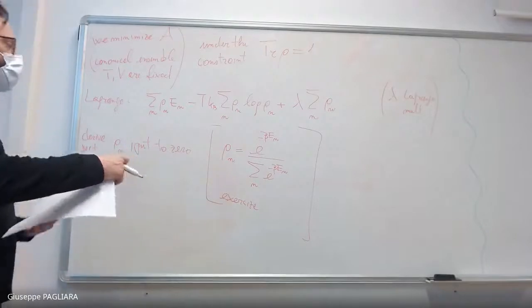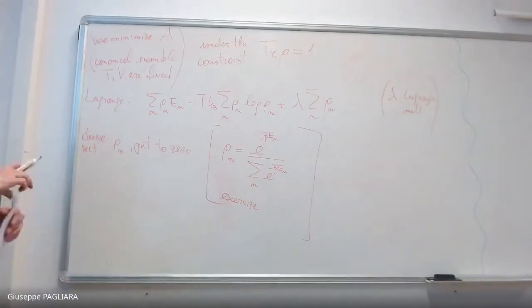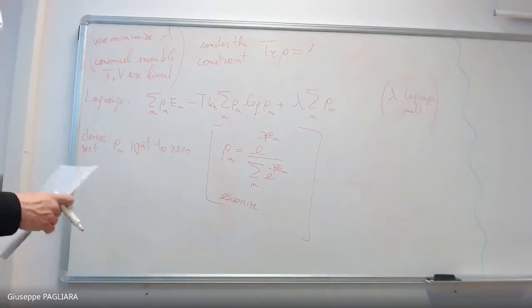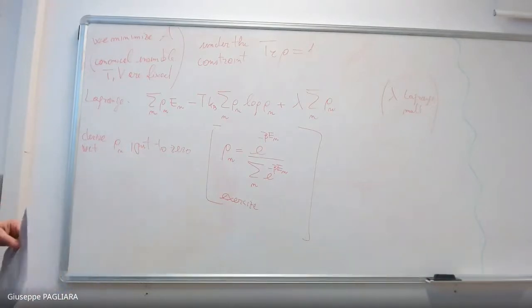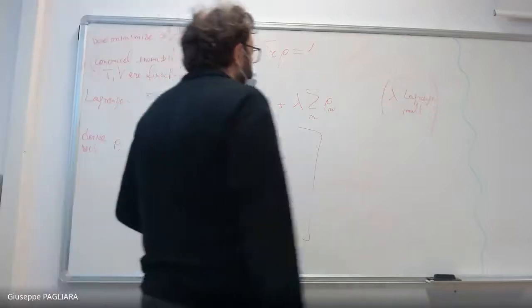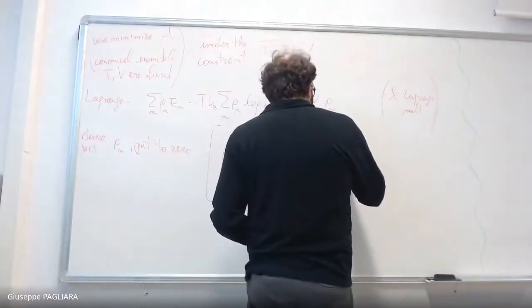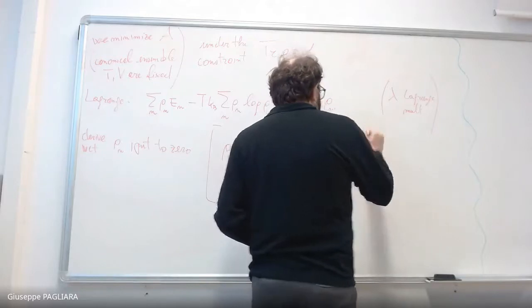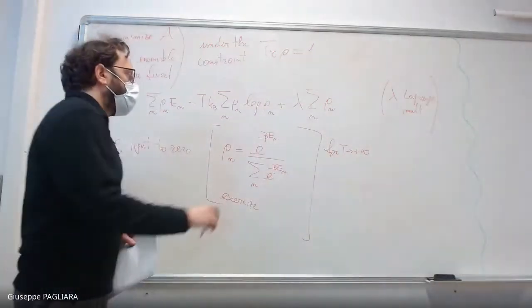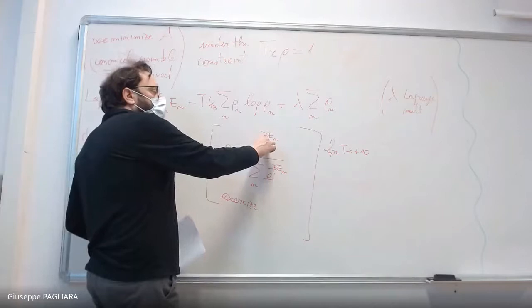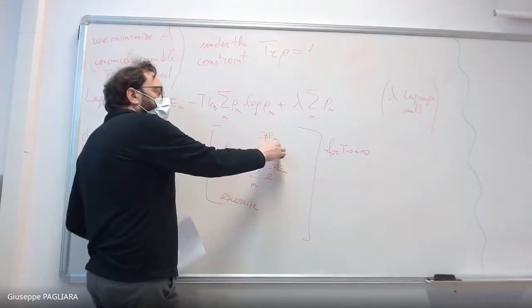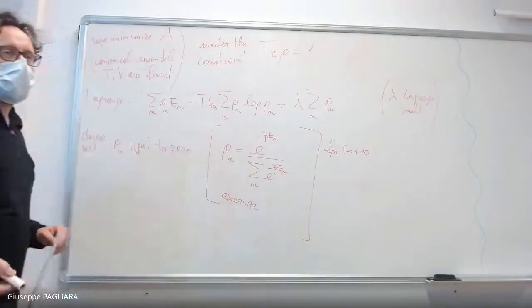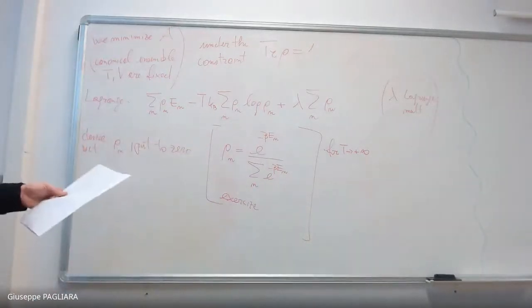Okay, so now let me make just a little comment on rho n in the limit of large temperature and in the limit of small temperature. So for T going to infinity, I have this 1 over T, and basically all the diagonal matrix elements of the density matrix will be 1 divided by the normalization.